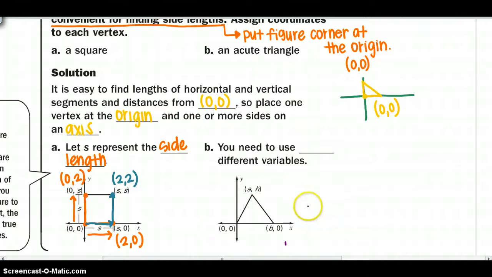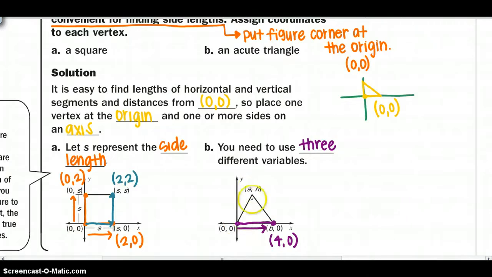All right, and for an acute triangle, we will need 3 different variables because of 3 different amounts of lengths that we go. So again, placing it at the origin and one side on the x axis. So we're going to move B units to get B, 0, or normally we would possibly think of it as 4, 0, whatever amount of units you want to use.